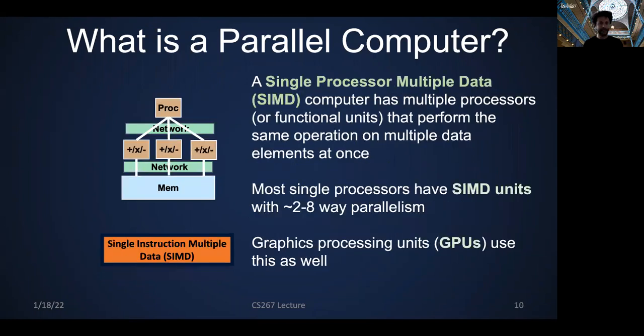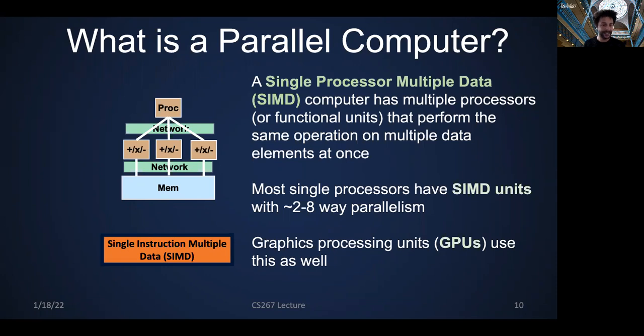And finally, single instruction multiple data computers really have multiple processors that perform the same operation. You can see that SIMD doesn't quite match the description, because the acronym stands for single instruction, multiple data, but we're broadly defining it here.